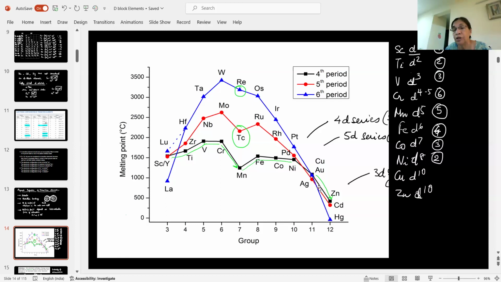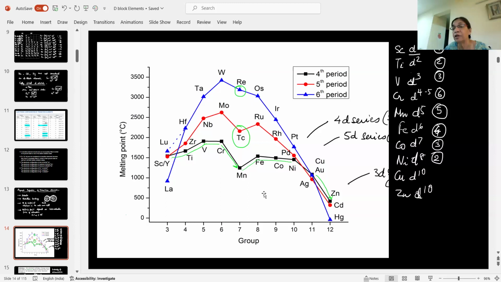And then when you come to zinc, there are no unpaired electrons, and so the melting point of zinc becomes less than that of copper. And that is the same for all the series. Magnesium, manganese, technetium, and rhenium, they all have melting points comparatively less than the previous one, because of extra stability of half-filled shells.